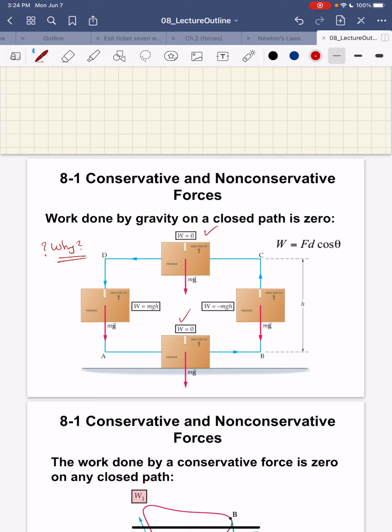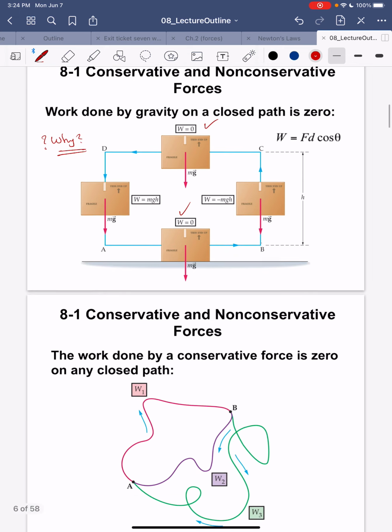Going from D to A, the force is in the same direction as the displacement, so the work done is mgh. Whereas from B to C, the work done by gravity is negative mgh. If you add these two, they add up to 0.